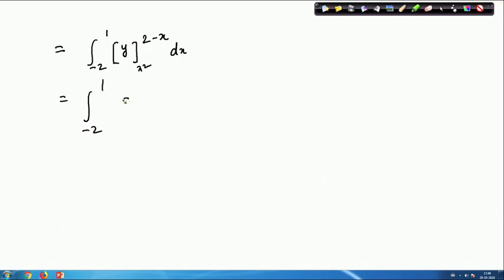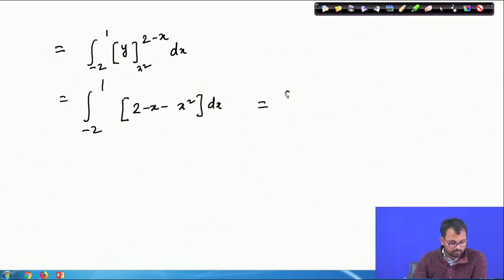So it will be 2 minus x minus x square, dx, and after integrating and substituting the value, we will be able to obtain 9 by 2. So that's the area bounded between these two curves. And not only that, we integrated with respect to y first, and then with respect to x. So that's the order we followed actually.